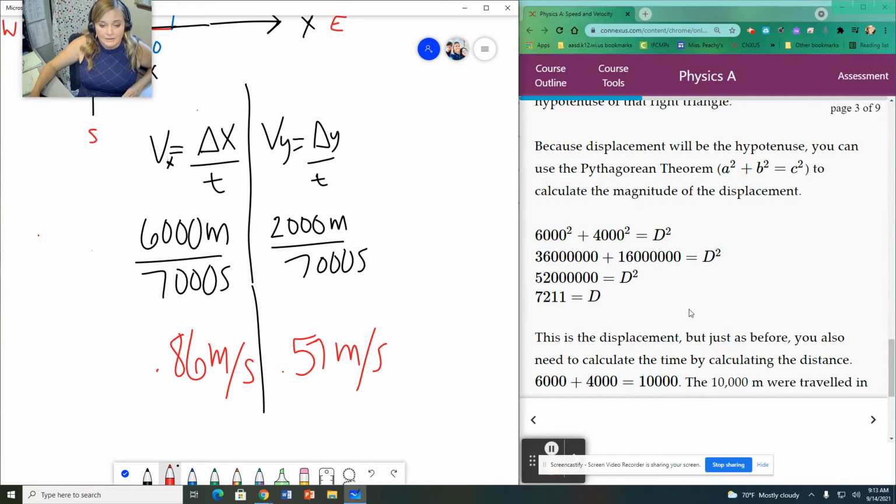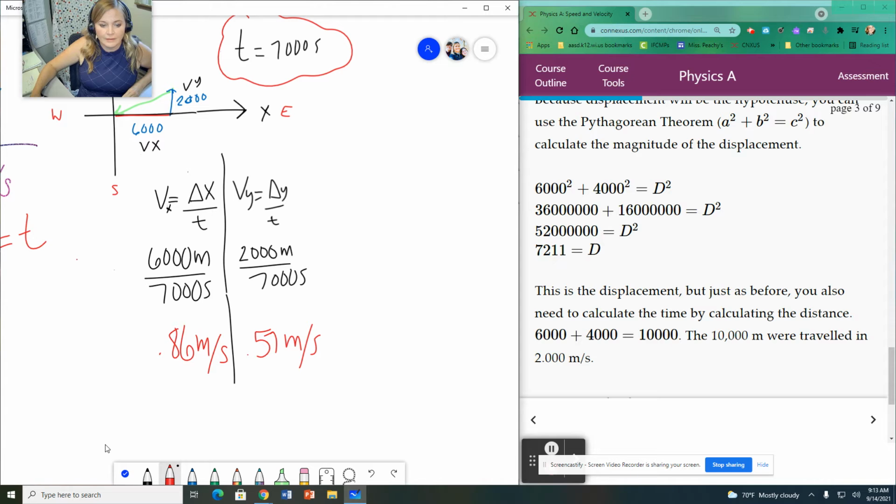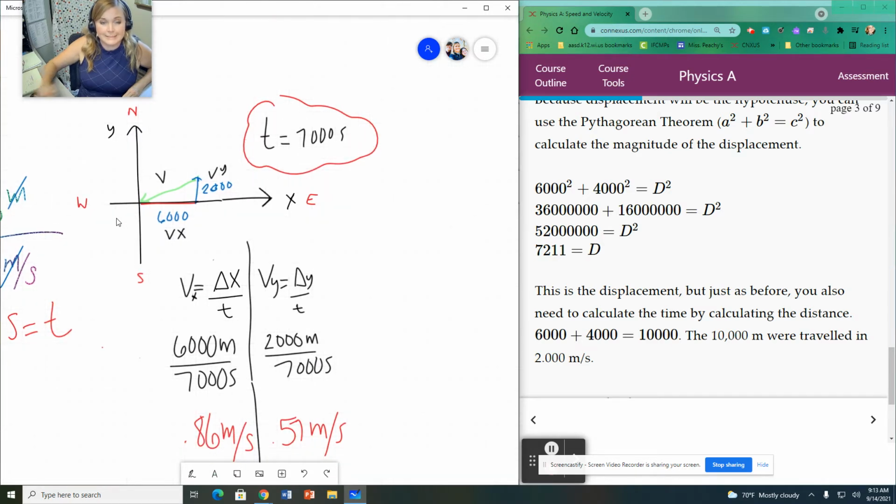Now we need direction. When I look at my x component, I went 6,000 to the east and 2,000 to, I'm sorry, 8,000 to the east and 2,000 to the west. So if it's a tug of war game, east won, right? Because you have more to the east than you do the west.